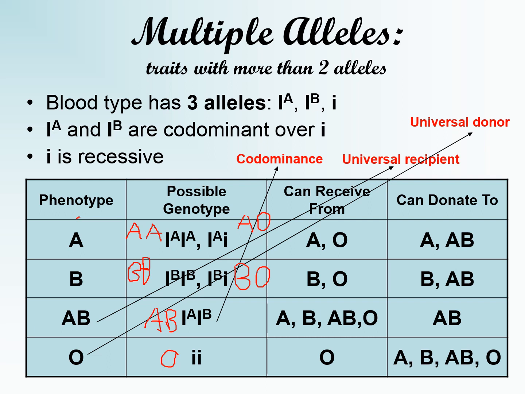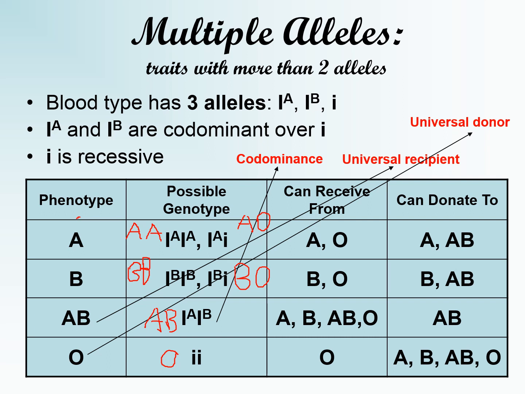So that just means because of both the A and the B antigens on the surface of the blood, they can receive blood from somebody who is type A, who has the A antigen on the surface, somebody that has type B blood that has the B antigen on the surface, of course, somebody who has AB blood, or somebody who has type O because O has no antigens on the surface. But because type AB blood has both A and B antigens on the surface, AB blood can only be donated to another person who has AB blood.